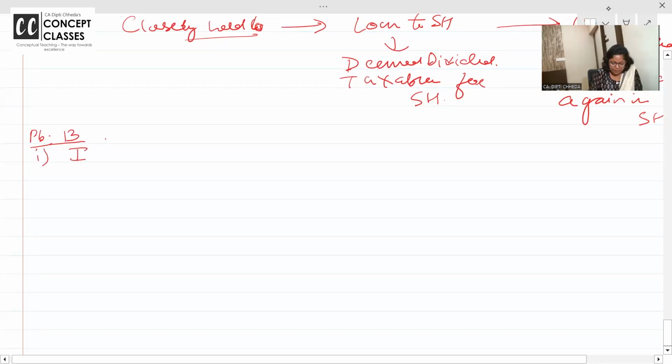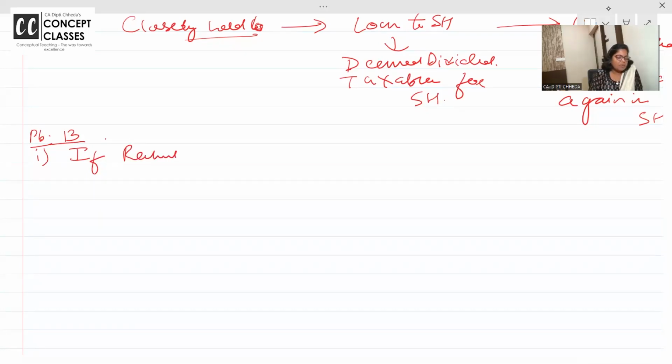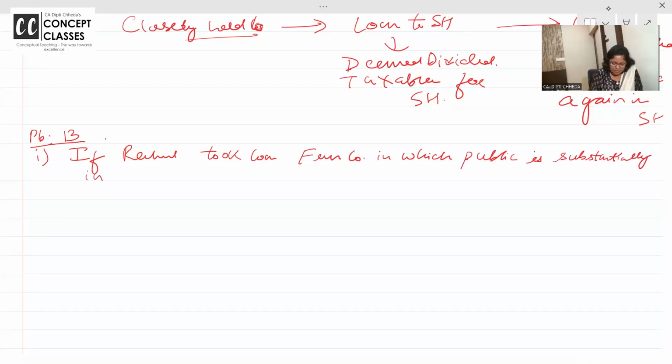Option 1. If Rahul took a loan from a company in which the public is substantially interested, section 2(22)(e) is not attracted.